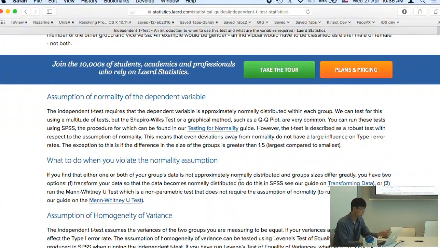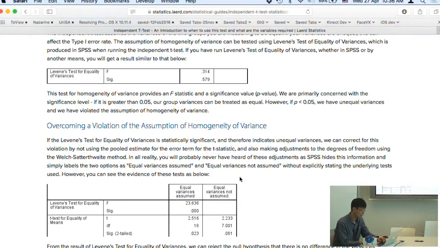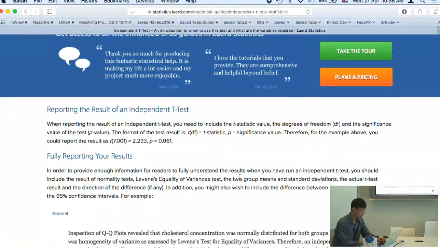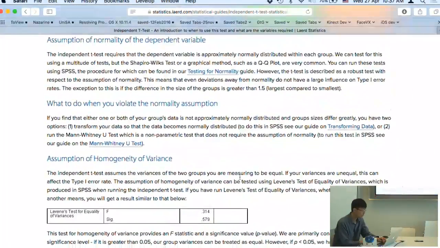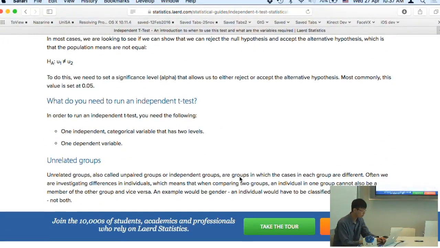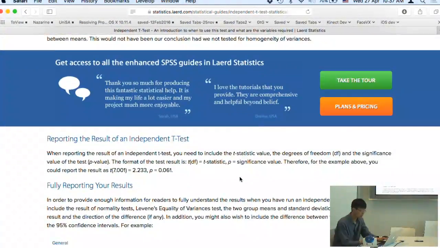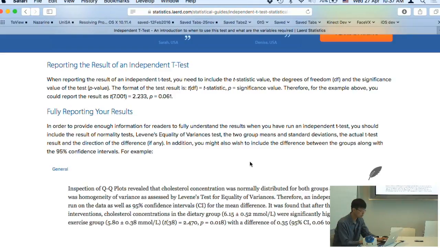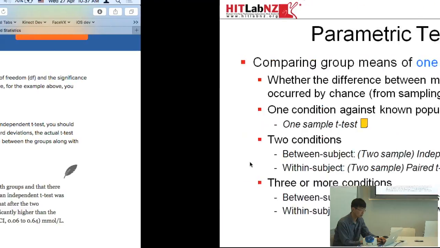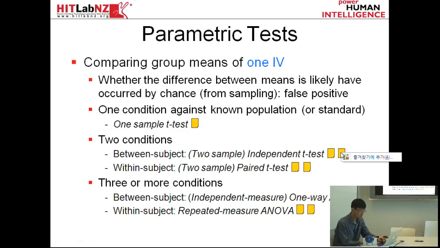It will give you a little bit of background on what that test does, but it will also give you a step-by-step guide. It has quite good stuff on it. I think the reason I have two yellow stickies on each of the tests is that the left one is explaining the concept, and the right one is a step-by-step guide to using SPSS.